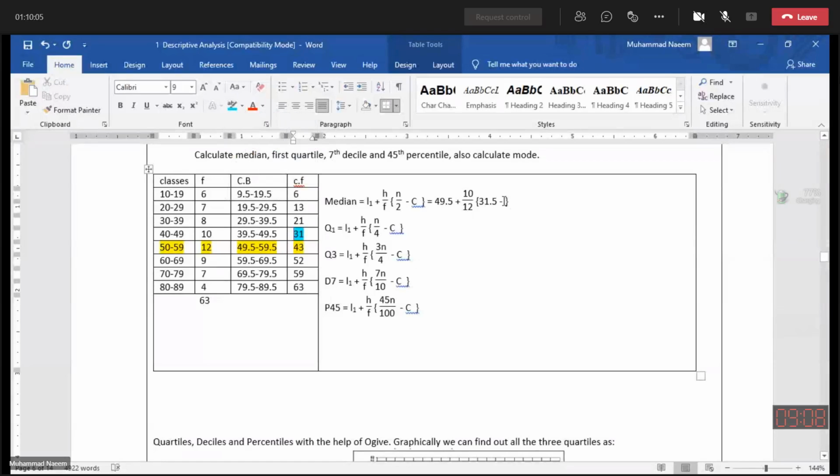The value of C is 31. And simplify, this will be the answer of the median.